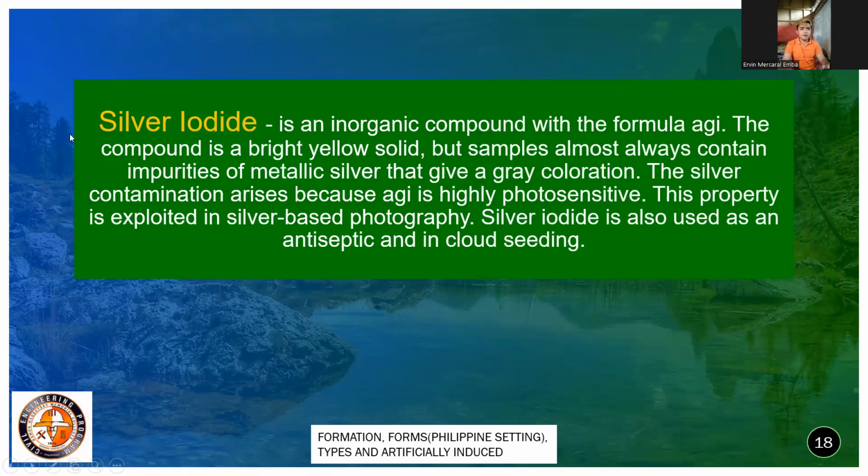What is silver iodide? Silver iodide is an inorganic compound with the formula AgI. The compound is a bright yellow solid, but samples almost always contain impurities of metallic silver that give a gray coloration.